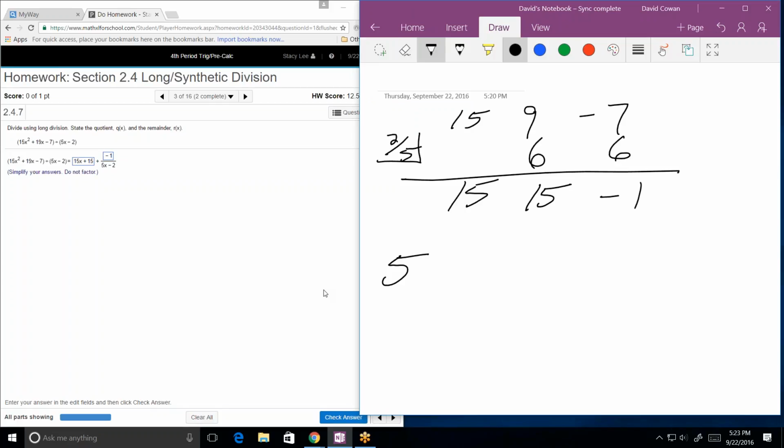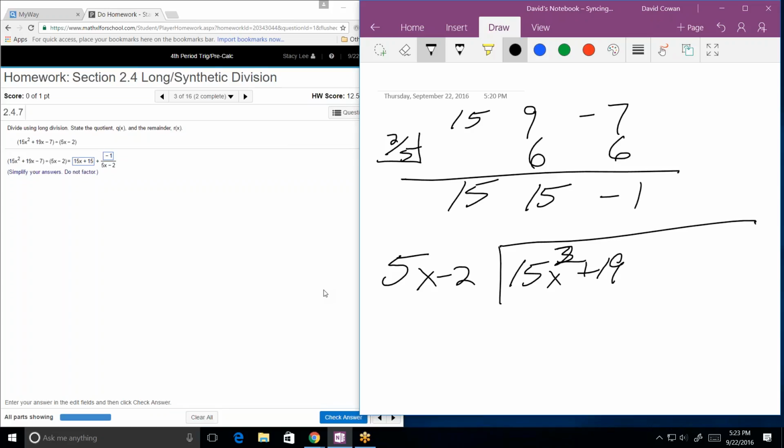I'll do it. 5x minus 2 dividing into 15x squared plus 19x minus 7.